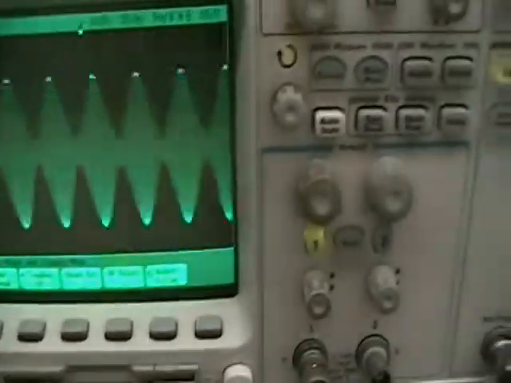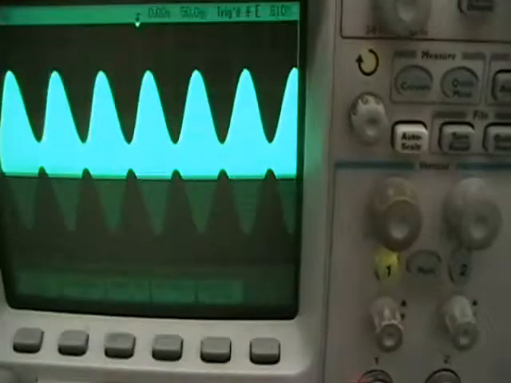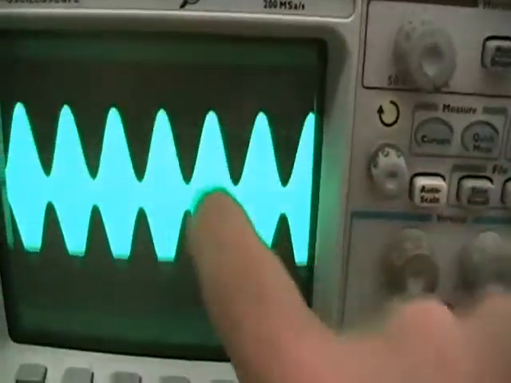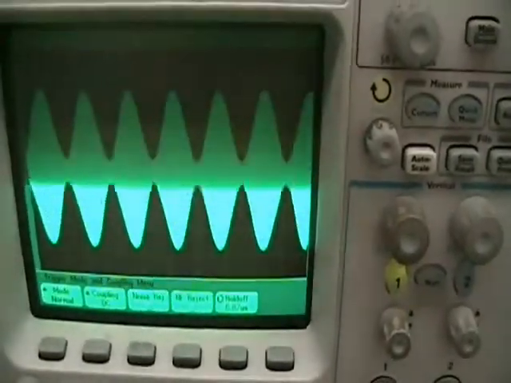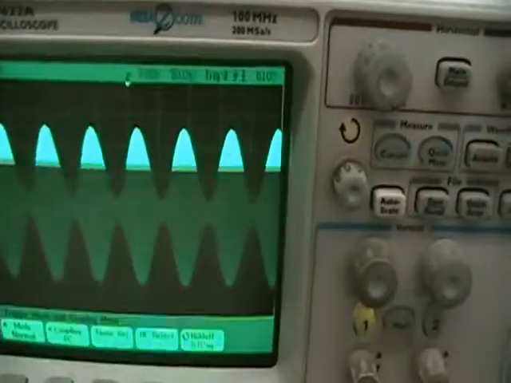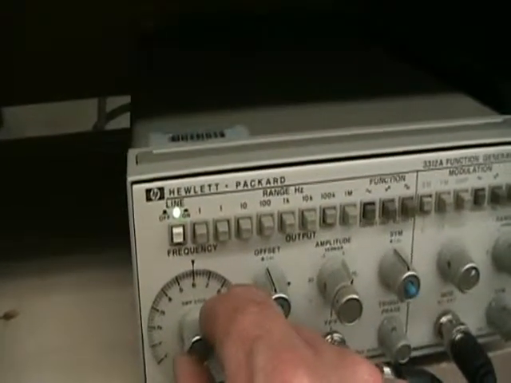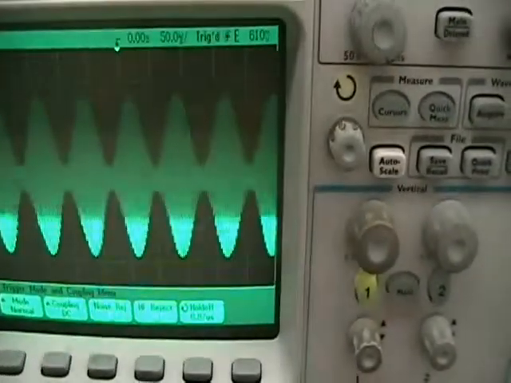And this is a good thing because we don't want our information, which is in the modulation, to change with the carrier frequency. Every radio station that plays the same song should have the same modulation waveform. And this shows that it does. Change from 600 to 300 kilohertz, and the waveform looks the same.